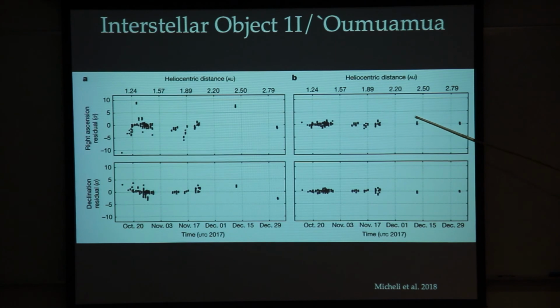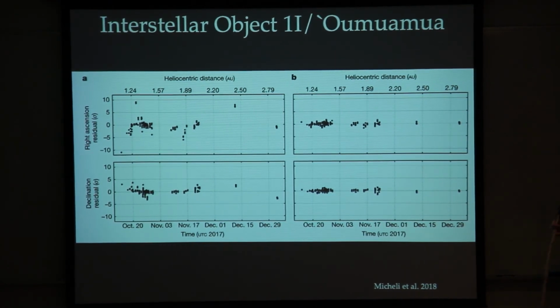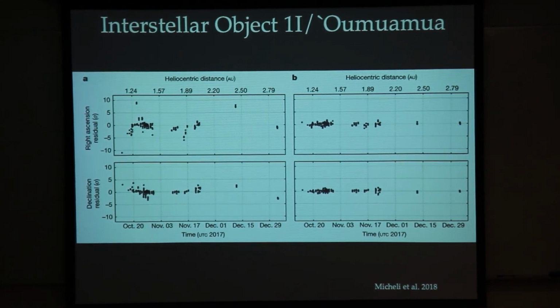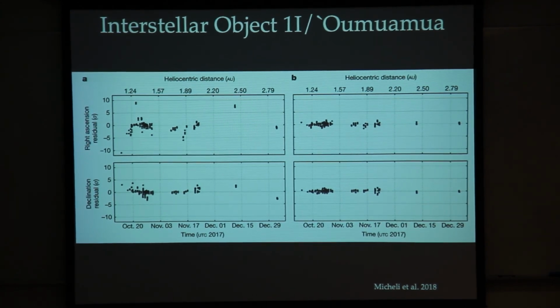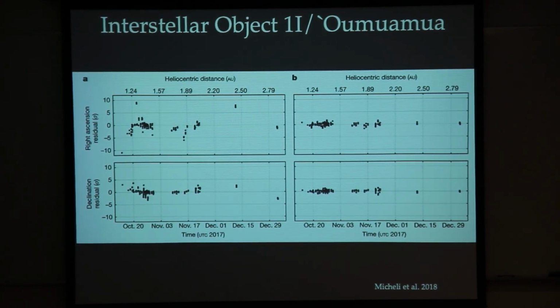If you add in a non-gravitational force, you get a better fit to the data. And so this implies that something is going on. Either it was Yarkovsky, or it was cometary outgassing, or it was the thrusters on the alien spaceship, changing the direction on the way out. It's not aliens, though, but it looks like aliens, but it's not aliens.